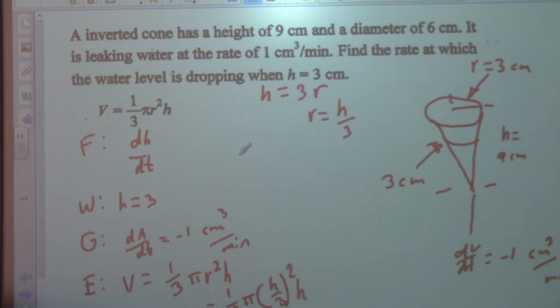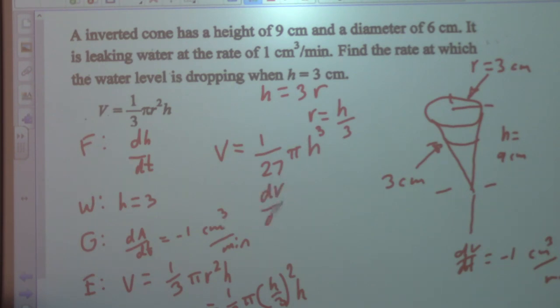What is this going to be? What's 3 squared? 9 times 3, 27. So volume is going to equal 1/27 pi h to the 3rd power, and that's it. Yep.